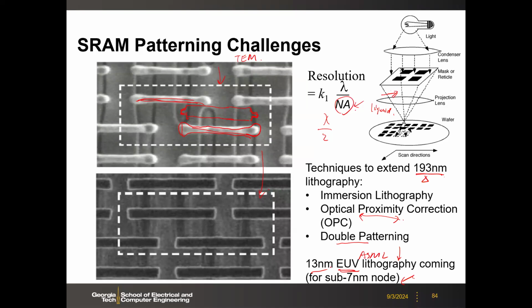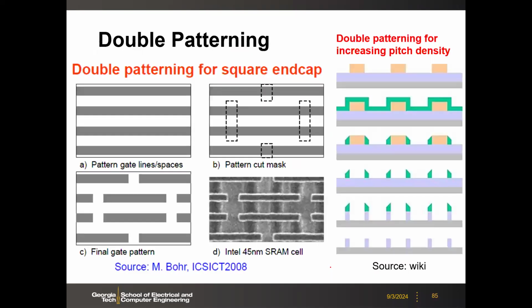But before EUV became mainstream, the industry created very innovative methods to do the patterning, even with older lithography wavelengths. Here, this is double patterning. The idea is that it's very difficult. This is again the pattern you want to have.